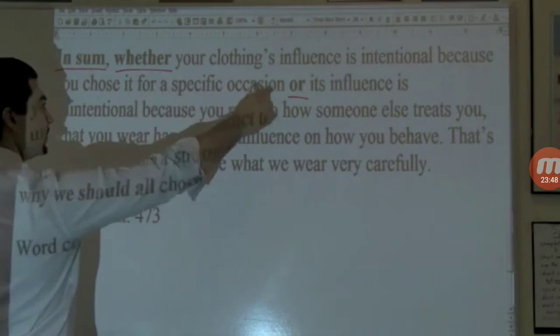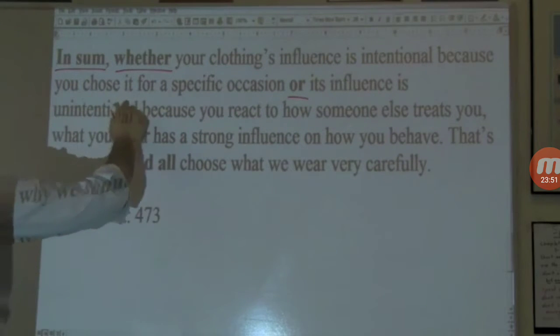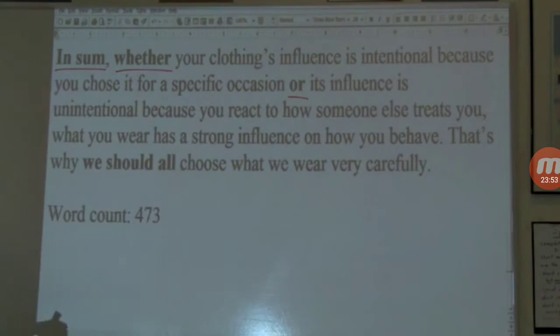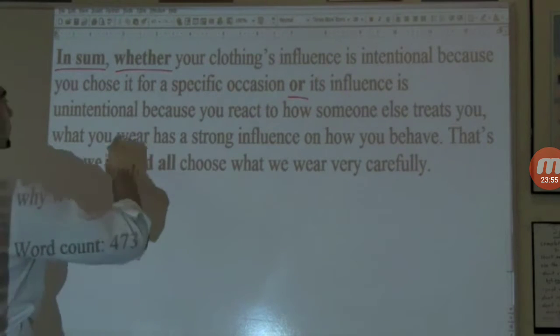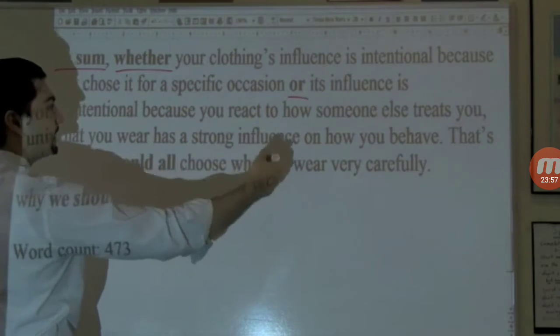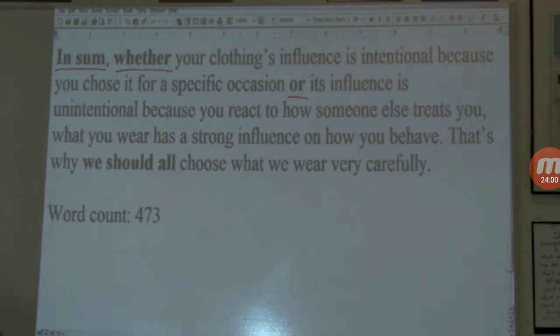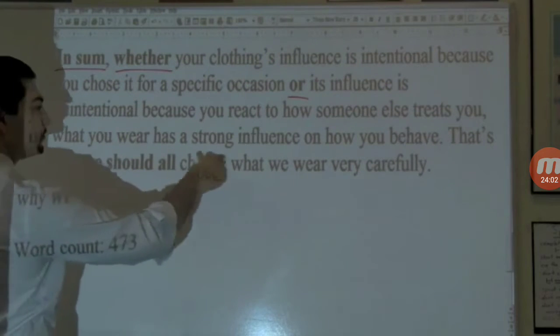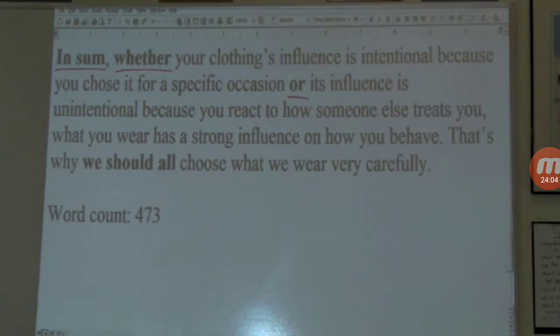So whether your clothing influence is intentional because you chose it for a specific occasion, reason 1, or its influence is unintentional because you react to how someone treats you, reason 2, what you wear has a strong influence on how you behave, answer. So however you do it, make sure that you repeat your reasons nicely, strongly, completely, and your answer. Tell them what you told them. Tell them what you wrote.